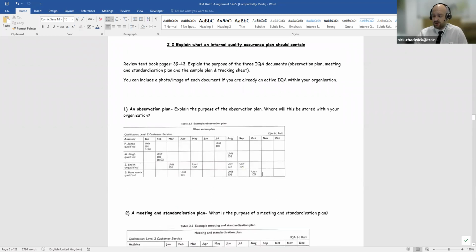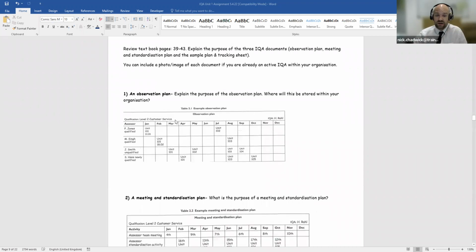Now, for criteria 2.2, we are looking to explain what an internal quality assurance plan should contain. Within every IQA plan, there should be three key documents. There should be the observation plan.